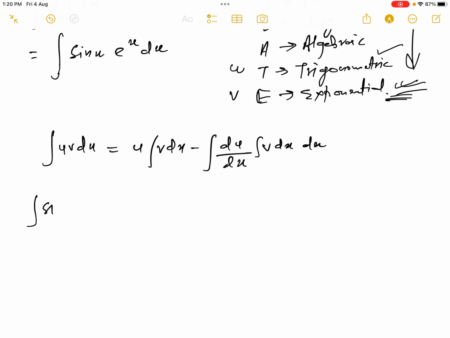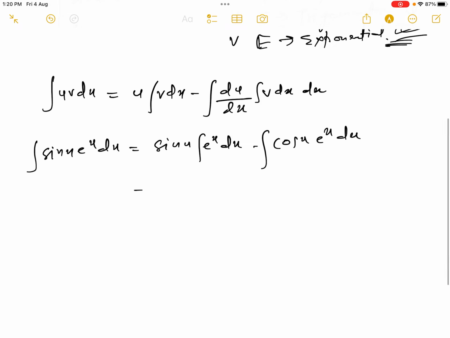We'll get the integral of sin x e power x dx equals sin x times the integral of e power x dx minus the integral of the differential of u, that is the differential of sin x, which will be cos x, times the integral of e power x, that is e power x. So the integral of e power x again will be e power x, sin x minus e power x plus c, the constant of integration.